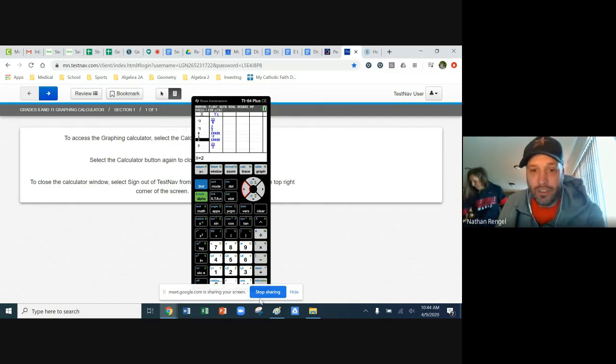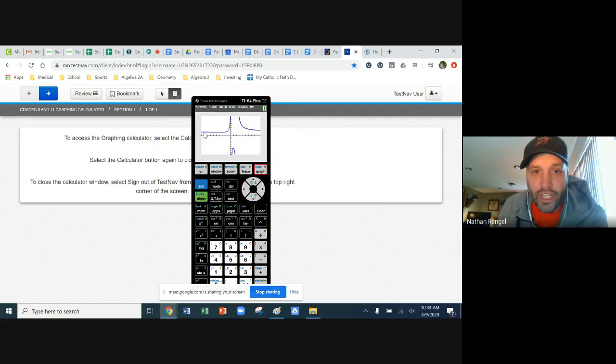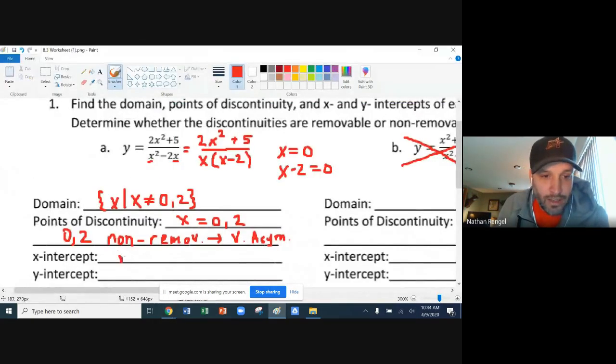And kind of going ahead again, and you guys did this on your class check, and you guys all did awesome, anytime your degree is the same in the numerator and denominator, you're going to have a horizontal asymptote at the ratio between the leading coefficients. So there's an asymptote at 2 right here, which is causing your graph not to be able to reach the x-axis.